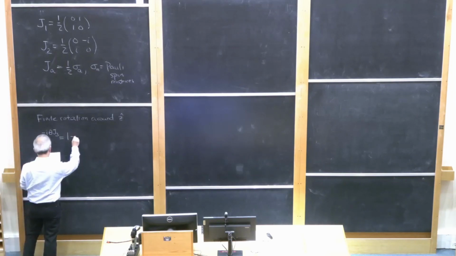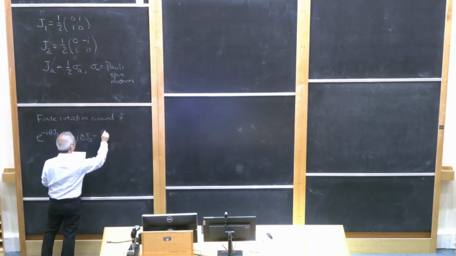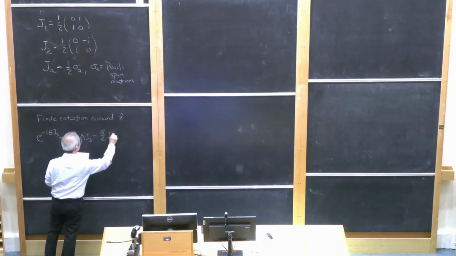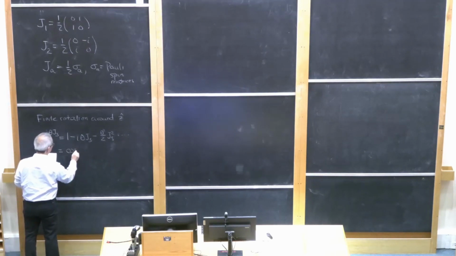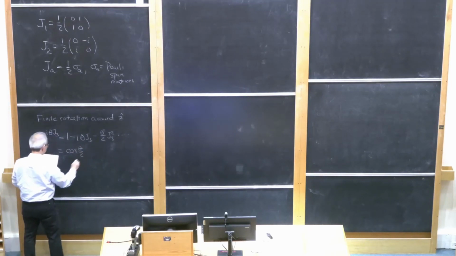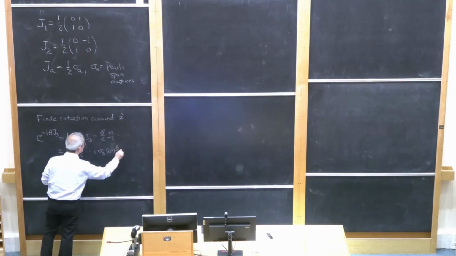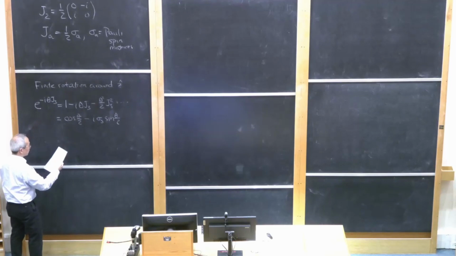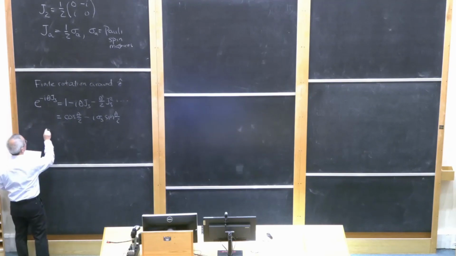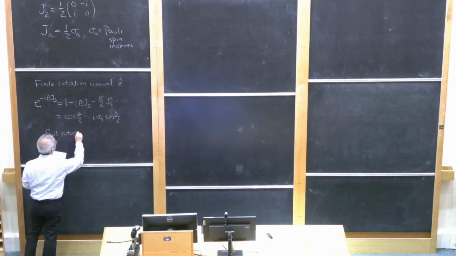Obviously, 1 minus i theta J3 minus theta squared over 2 J3 squared, et cetera. This is just going to be equal to cosine theta over 2 minus i sigma 3 sine theta over 2, which of course makes it quite explicit that you have to rotate through 4 pi in order to get back to the same thing, so, get back to your identity element.